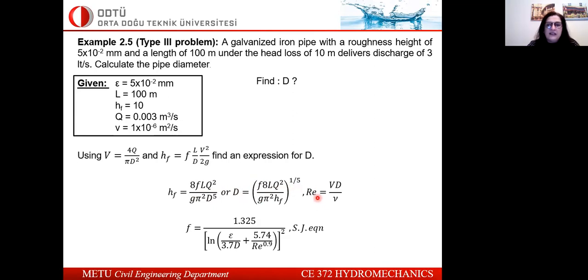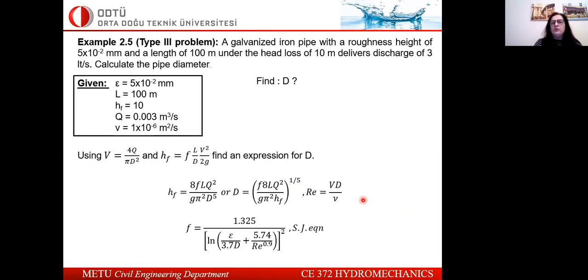Similarly, Reynolds is calculated as V times D divided by kinematic viscosity. And after you find your D, you can solve for your velocity and then calculate that Reynolds number. Or at the very beginning, you can write your Reynolds number in terms of V as 4Q divided by pi d squared. Hence, your Reynolds number will end up as 4 times the discharge divided by pi d times kinematic viscosity.